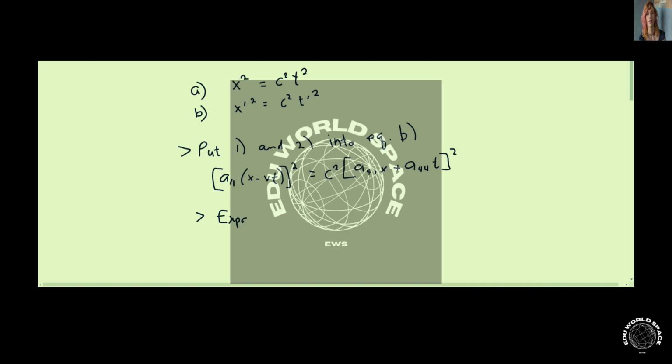So expand the binomials and group x terms, we'll say, on one side and t terms on the other. And there'll be a cross term that we're going to have to figure out what to do with, and we'll explain that once we get this rearranged.